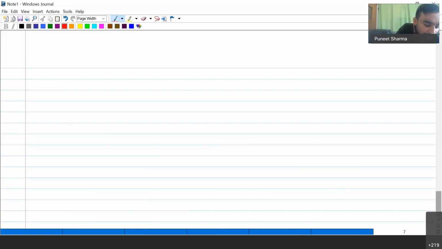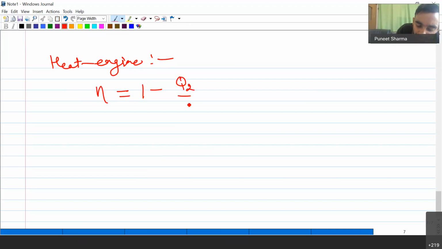We know for a heat engine, earlier we have seen that eta is equal to 1 minus Q2 divided by Q1.